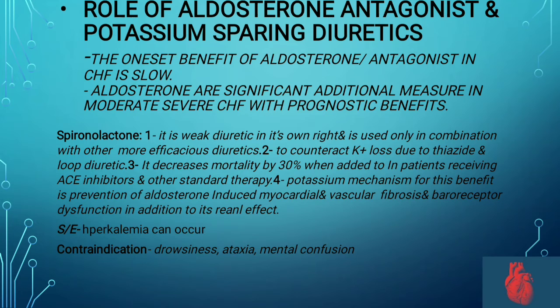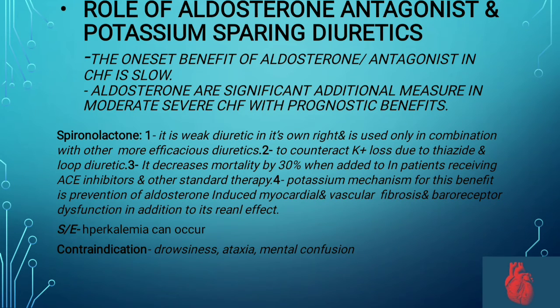The mechanism for these benefits is prevention of aldosterone induced myocardial and vascular fibrosis and baroreceptor dysfunction, in addition to its renal effect. A side effect of spironolactone is that hyperkalemia can occur. It is contraindicated in drowsiness, ataxia, and mental confusion.